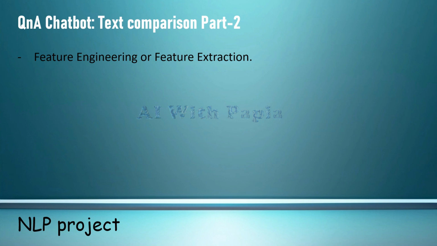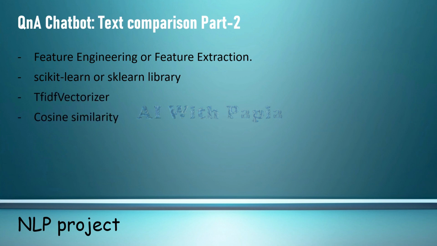So here comes feature engineering: a set of tasks that captures the characteristics of text into a numeric vector. We will be focusing on the scikit-learn library, doing the TF-IDF vectorizer, and working with cosine similarity.